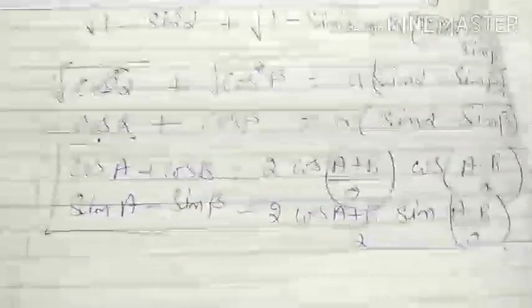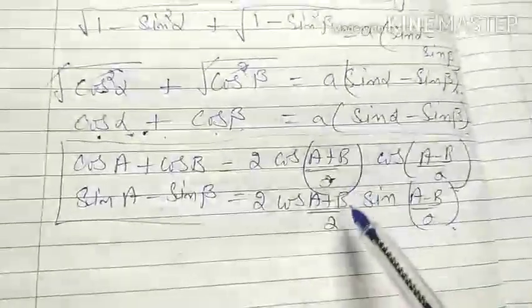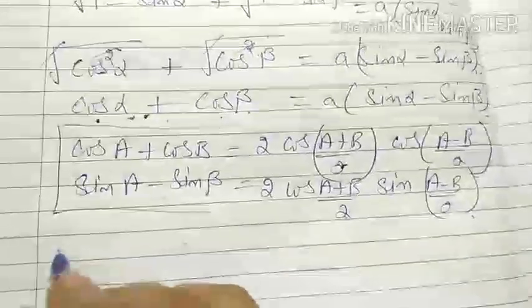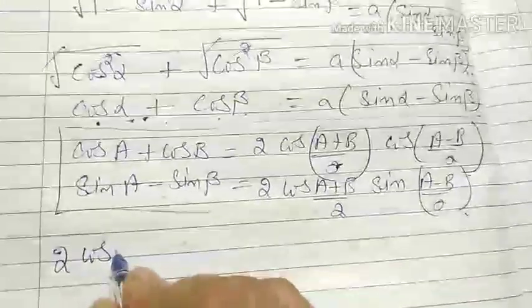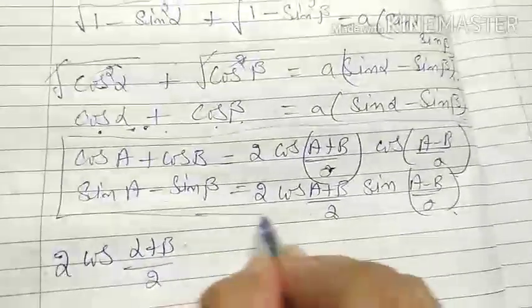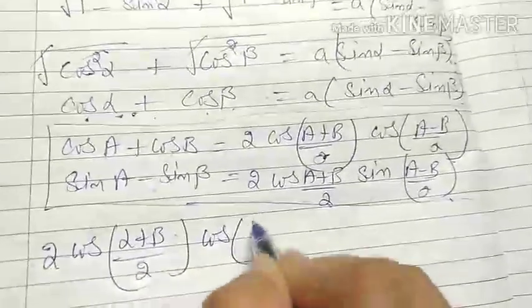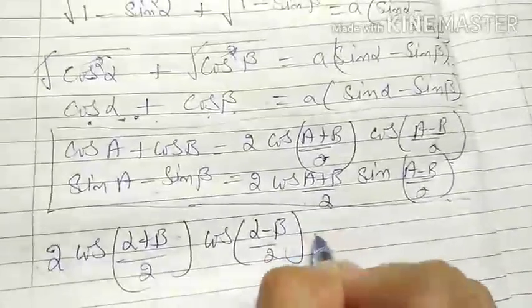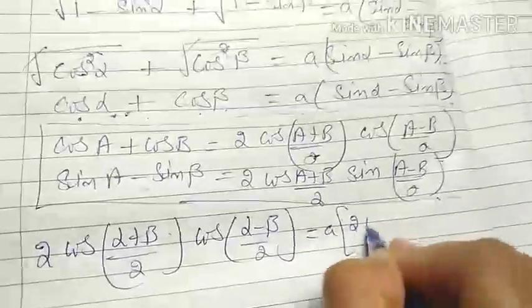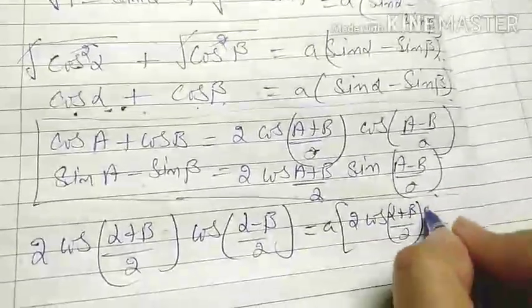In place of A and B in my question there is alpha and beta, so I directly apply this formula on both the sides: this formula on cos A plus cos B, and this formula of sin A minus sin B. So that becomes 2 cos alpha plus beta by 2, I keep this separate, then cos alpha minus beta by 2. On the other side also 2 cos alpha plus beta by 2 sin alpha minus beta by 2.